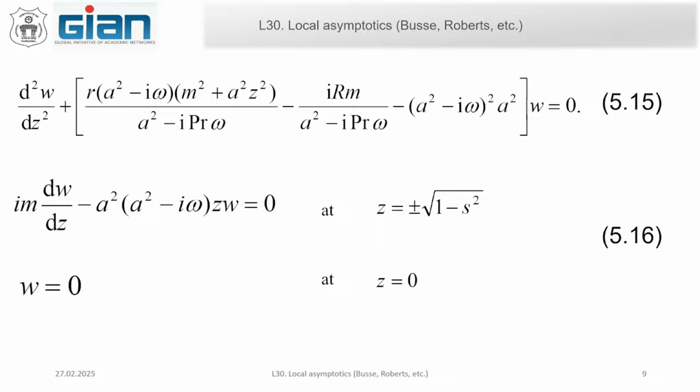The objective of the local theory employed by Roberts and Busse is to maximize the growth rate. Actually, this is quite an obvious objective. The growth rate, which is the imaginary part of omega, could be maximized over all admissible real s and k. S means the cylindrical radius, and k means the wave number in the phi direction.